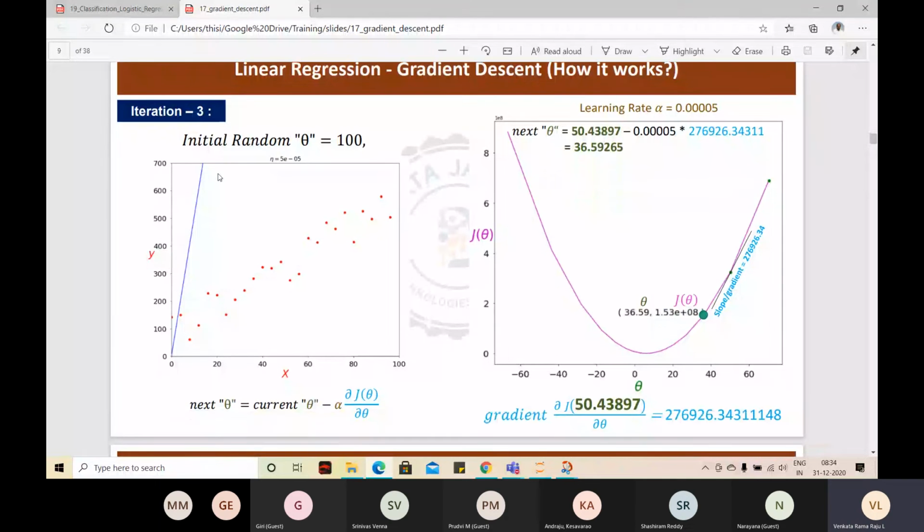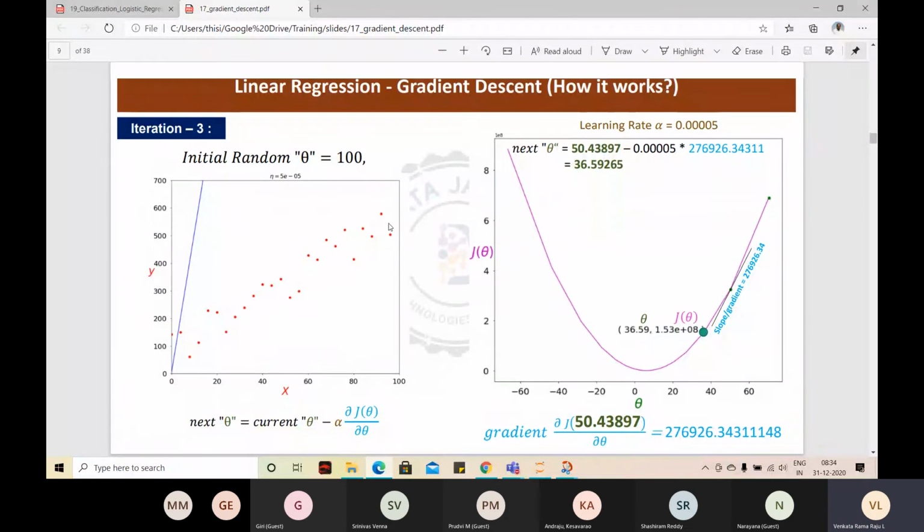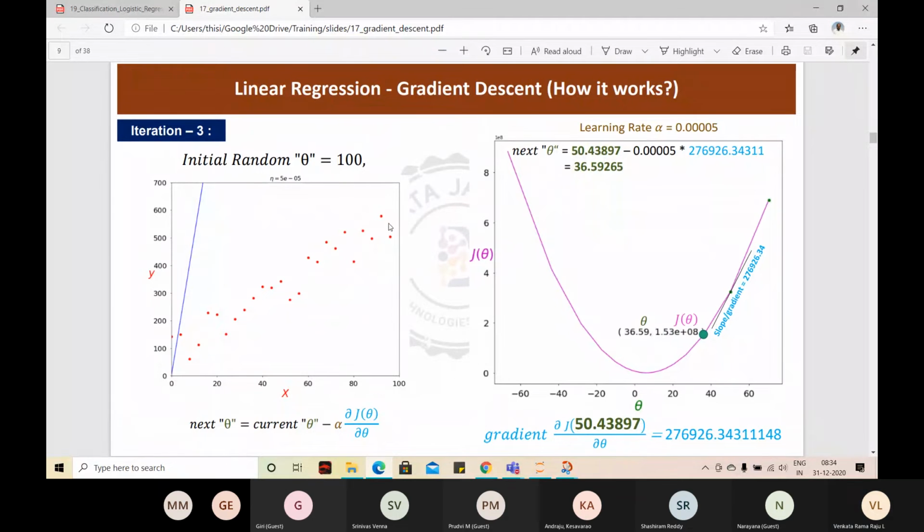Where do you see forward propagation in this diagram? Forward propagation is nothing but starting with W1 and B, and then calculating. Not just starting, sir.